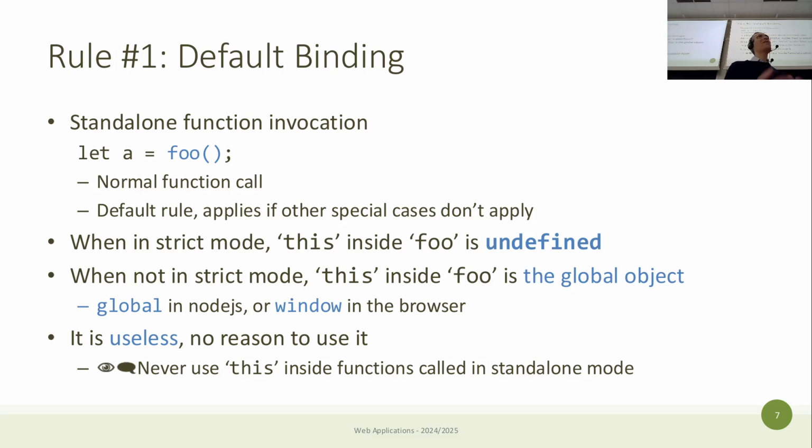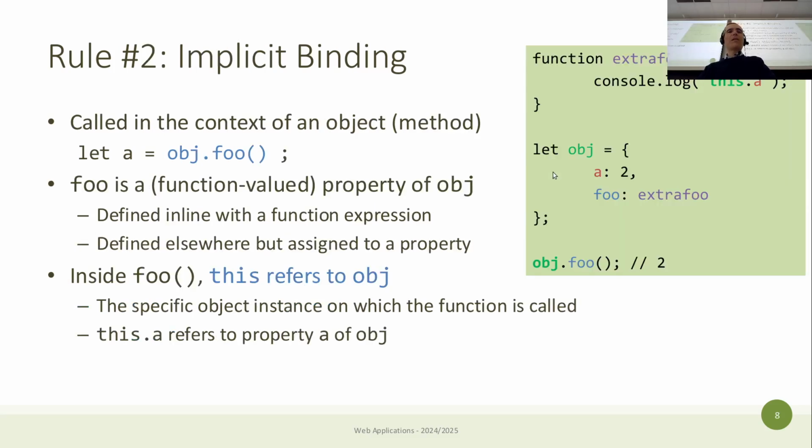Because it gives you the possibility to do very complicated and difficult to understand things that we don't like, okay? So in short, if we are calling a function without objects and so on, it is useless to use this, and we should forget about the this. Okay, it's undefined anyway, so it doesn't help us.